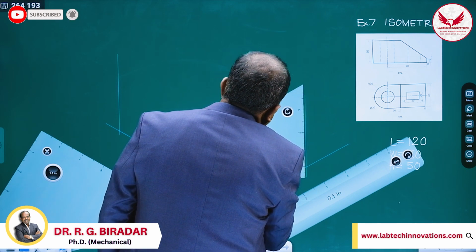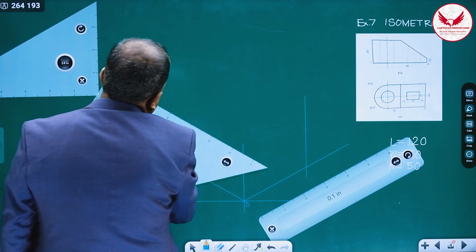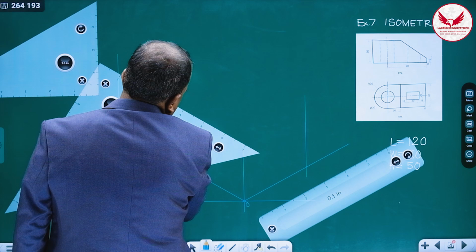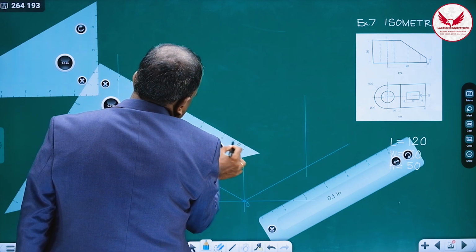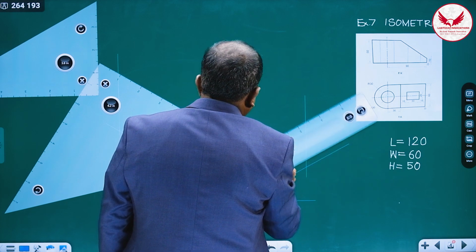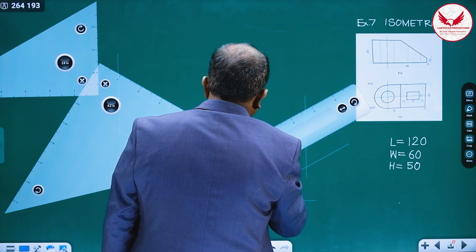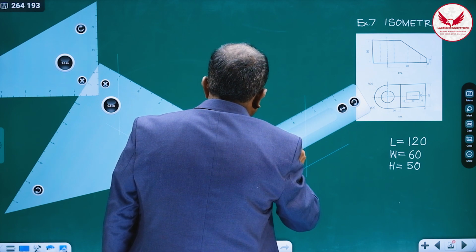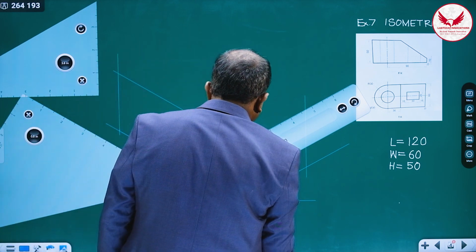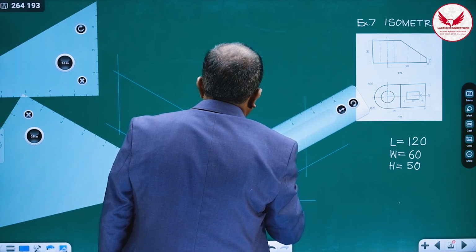Then we'll use lines parallel to the length. So this is going to be the length, and this is going to be the width.